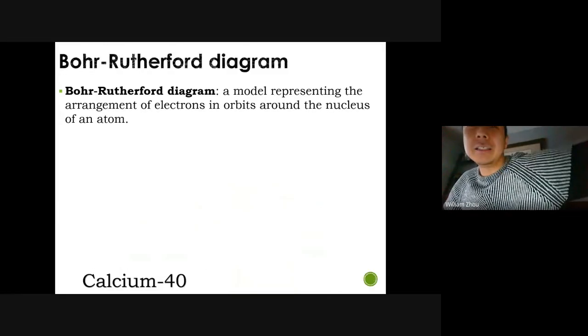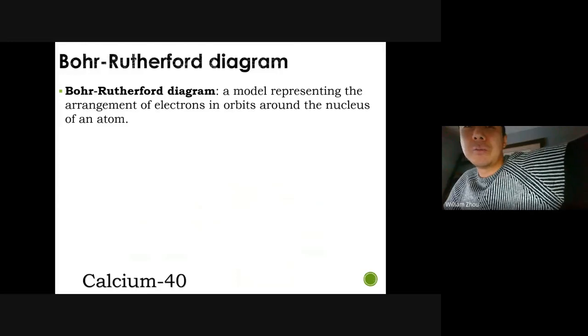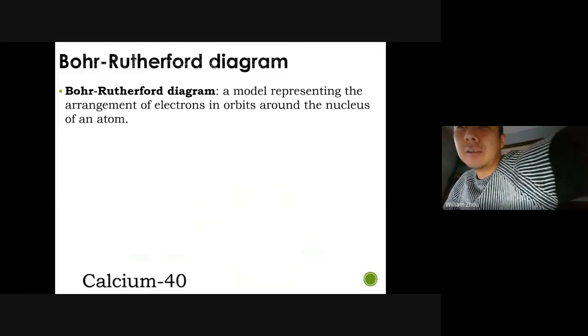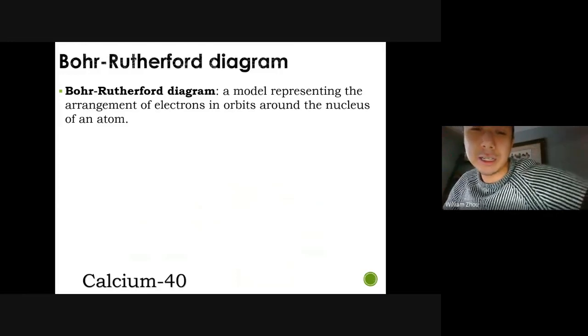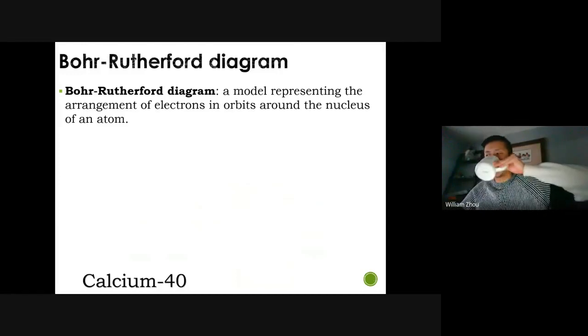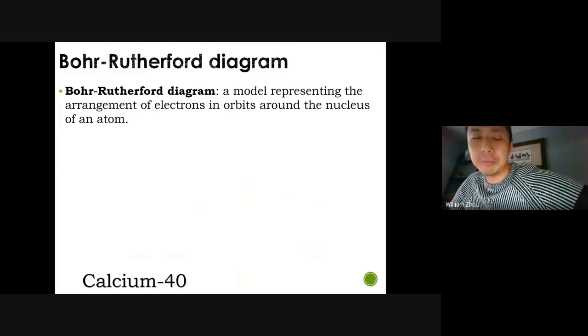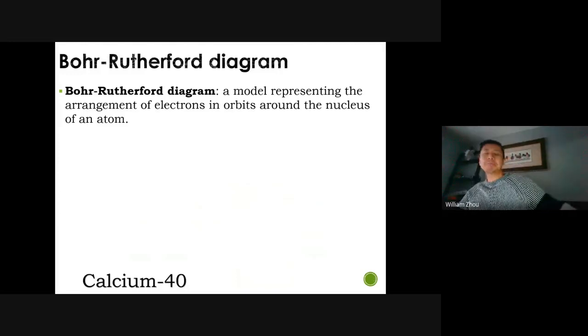Okay, so here is the review for Bohr-Rutherford diagrams. When I teach it to grade 9s, usually there's a lot of issues. There's a few rules that you have to follow when you draw Bohr-Rutherford diagrams.